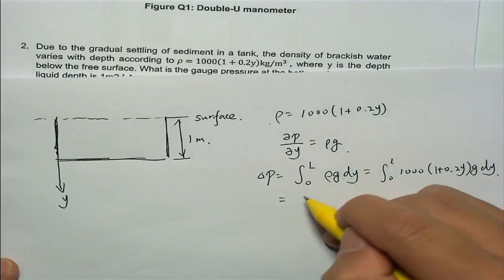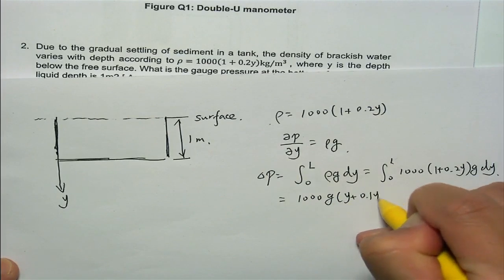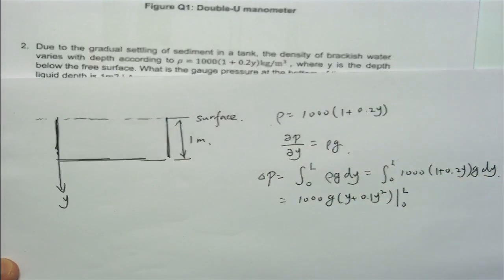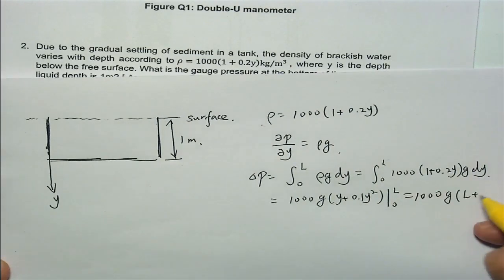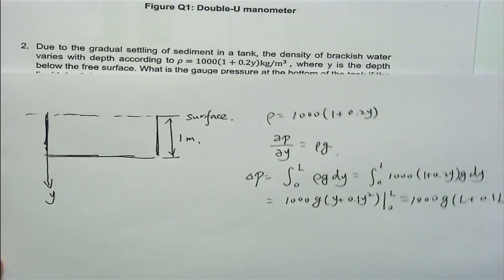And we got, which is 1000 g L plus a square. Sorry.